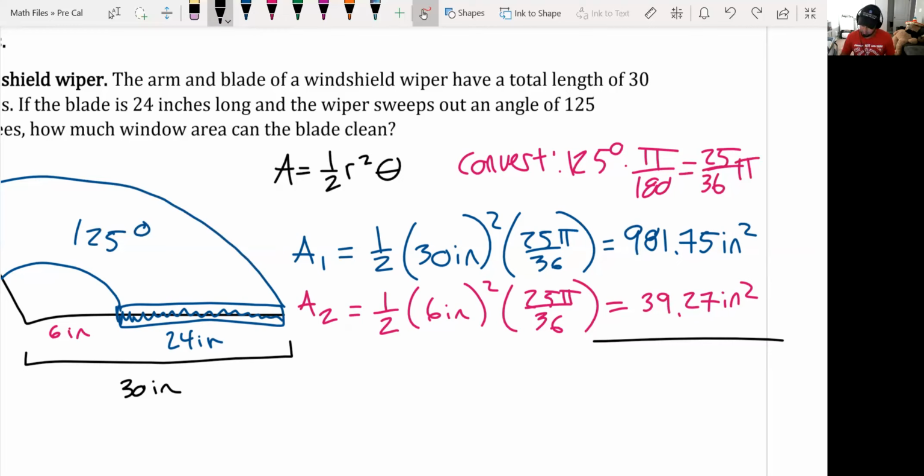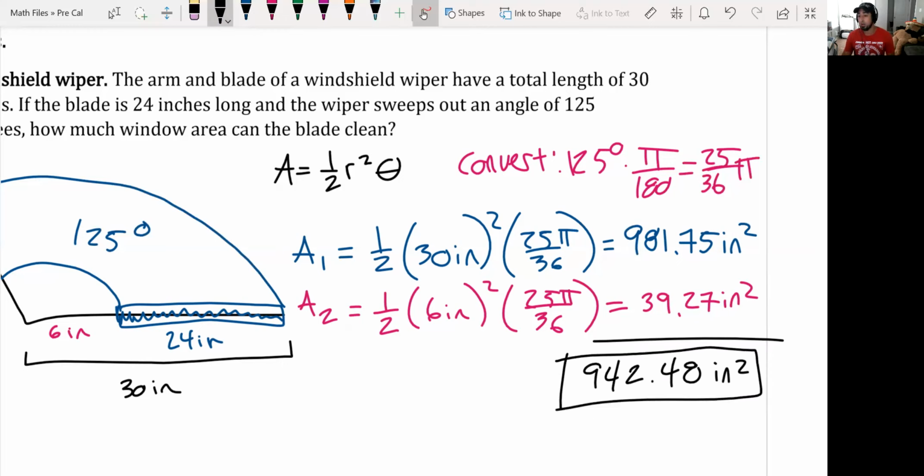And I get 942.48 square inches. And this is the area that that 24-inch blade actually cleans.